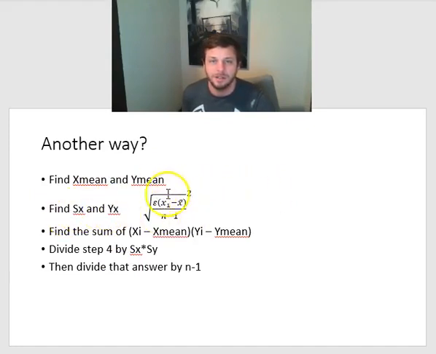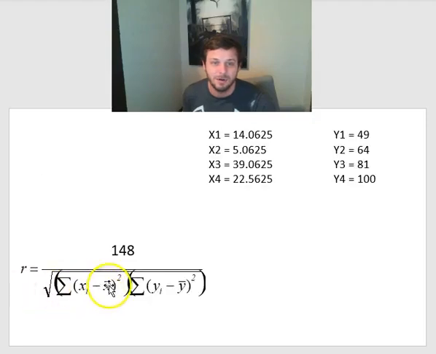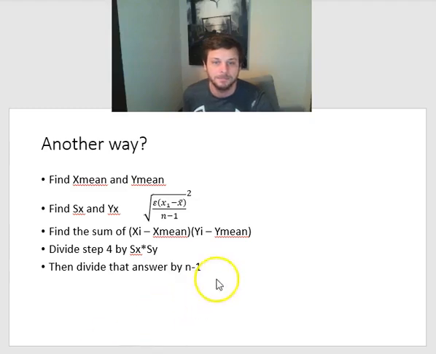If you don't remember, here's our formula for the variance. You take the square root of the sum of x1 minus x bar and square that. So that's basically what we're doing right here, except you're also taking that over your n minus 1, over your degrees of freedom.